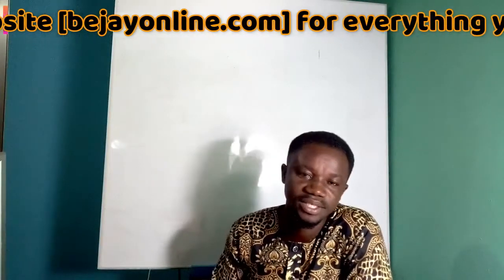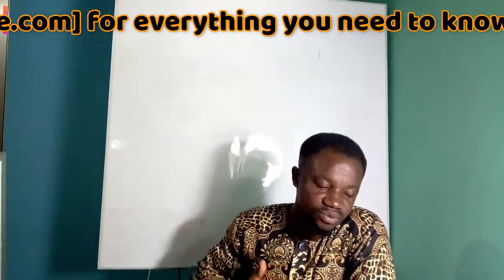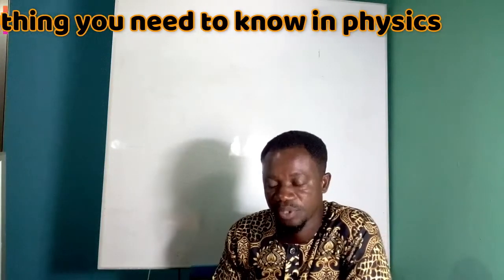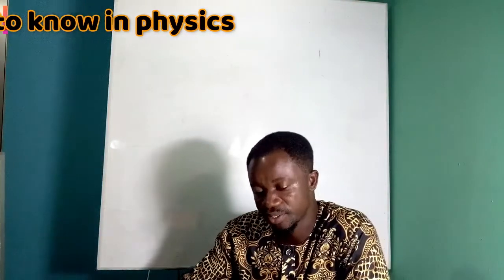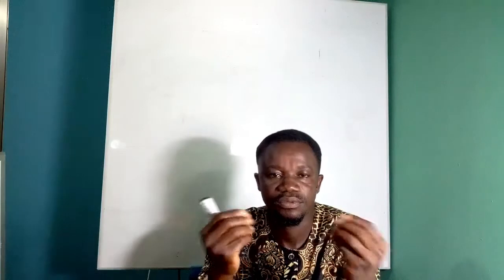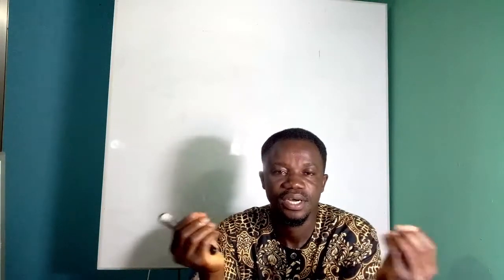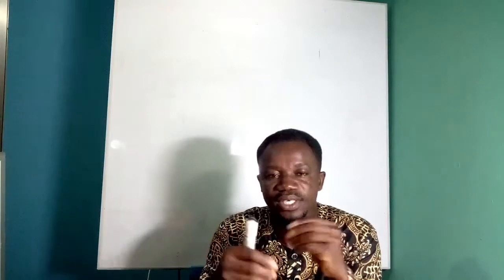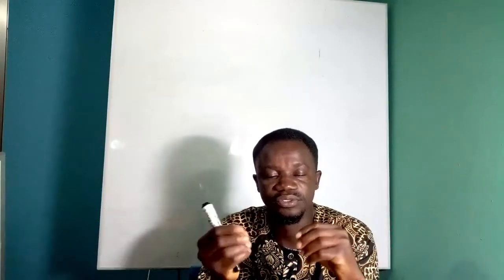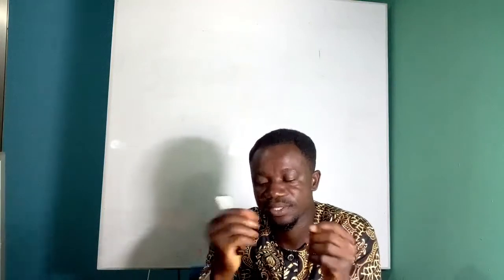Before I begin, just a small recap of what we did in the previous episode of gravitation. Remember, we spoke about Newton's law of universal gravitation, and we said that it relates the product of two masses arranged close to each other with the distance between them to get the force of attraction that exists between the two masses.